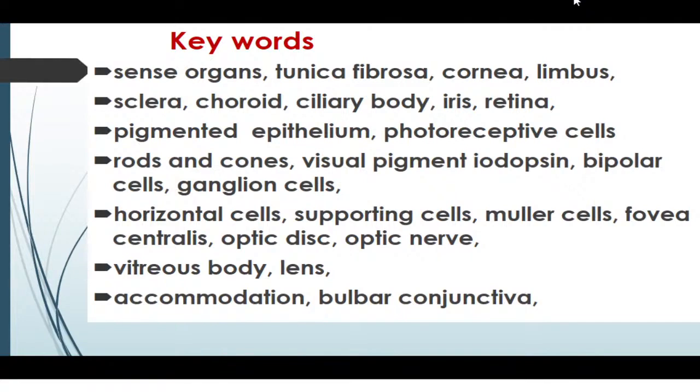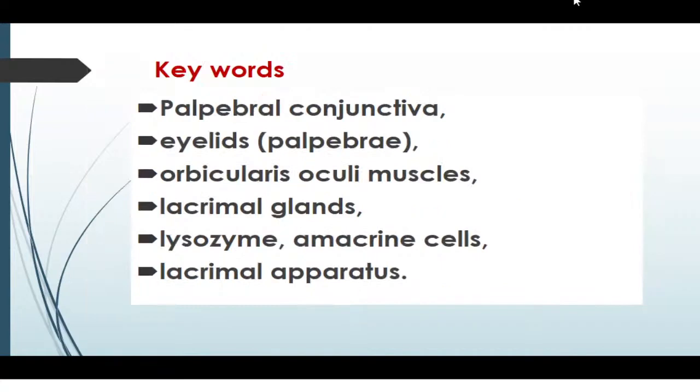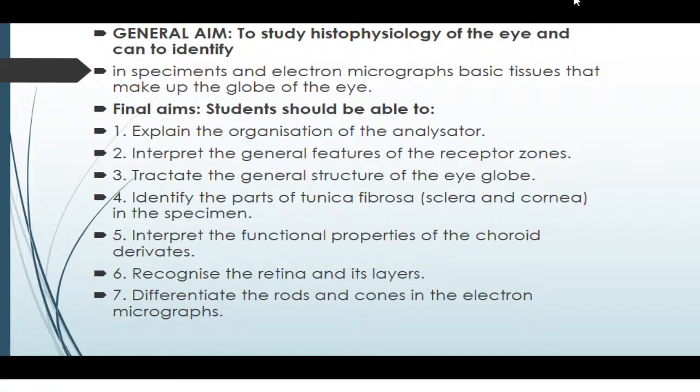This knowledge and these keywords will remind you later. For example: sense organs, tunica fibrosa, cornea, limbus, sclera, choroid, ciliary body, iris, retina, pigmented epithelium, photoreceptive cells, rods and cones, visual pigment, iodopsin, bipolar cells, ganglion cells, horizontal cells, Müller cells, fovea, vitreous body, optic disc, optic nerve, and some other supporting terms of the oculus, the eye, and the organ of hearing.